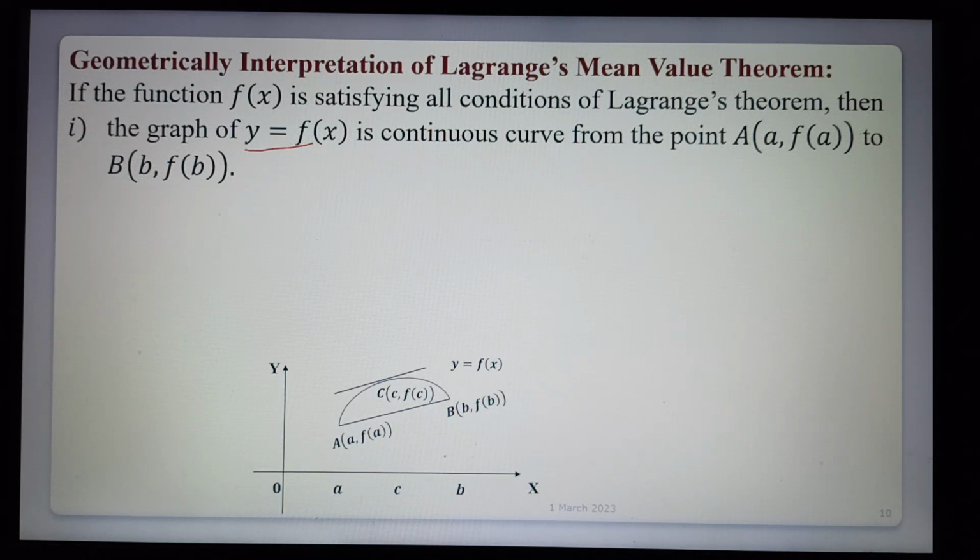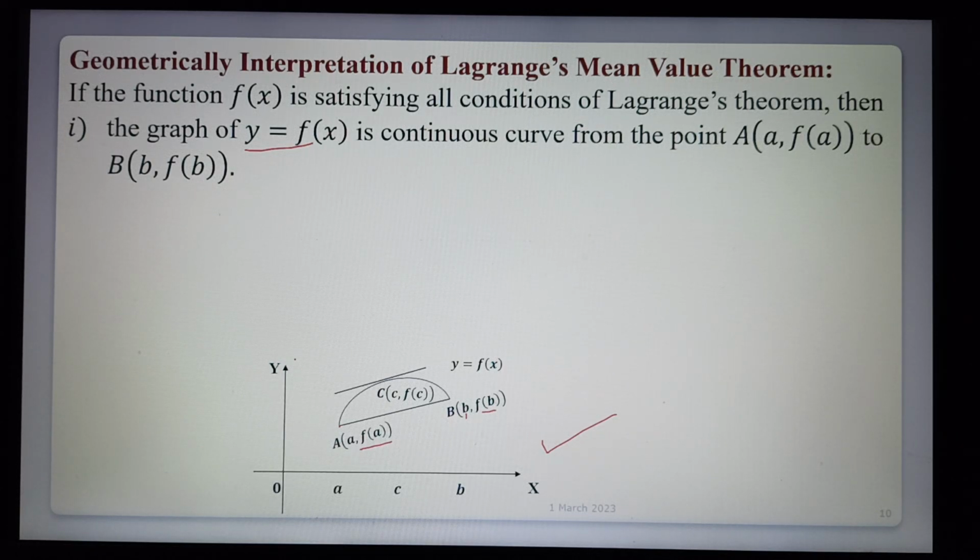Here a is the x coordinate and f of a is the y coordinate, and for the point b, b is the x coordinate and f of b is the y coordinate. The curve from a to b is continuous, there is no break.